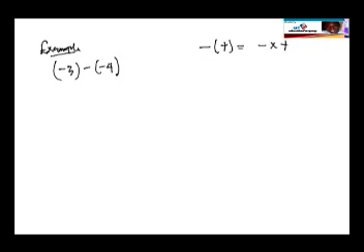So what are we resolving? The first thing we need to resolve is the two signs that are together, this sign and this sign. Okay, we need to resolve that aspect. So what we will do is this. Our answer eventually becomes minus 3, and minus times minus will be plus 4.